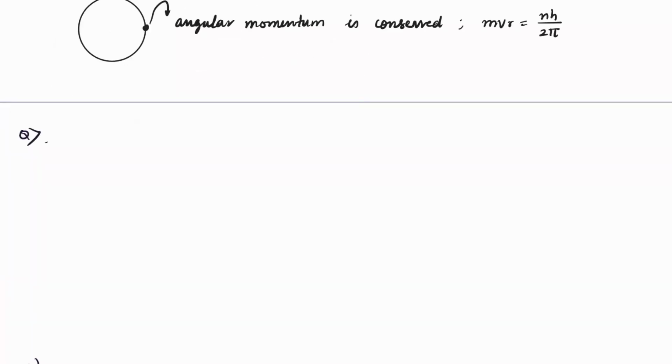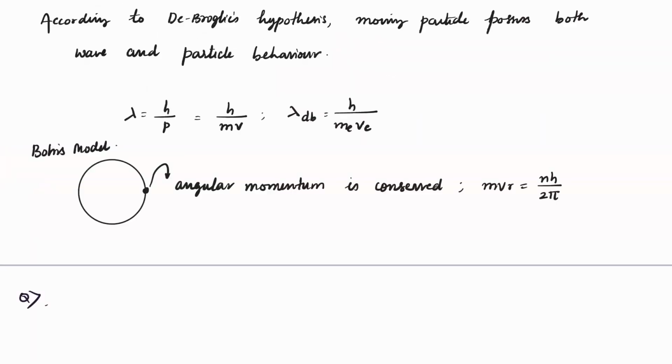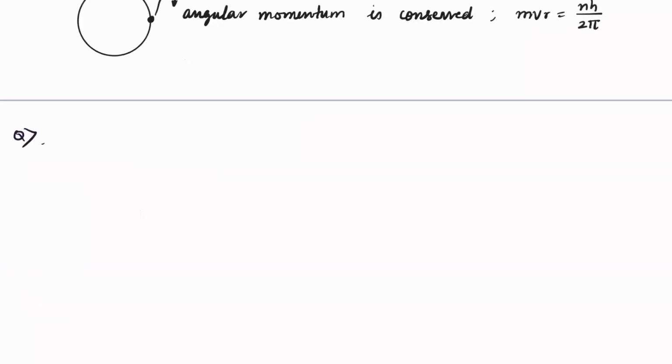First, let me give you one more Heisenberg's uncertainty principle case, and then we'll check how de Broglie's hypothesis is useful along with it. Let's do a very similar question to what we did earlier. Think about a golf ball of mass 40 grams moving at a speed of 45 meters per second.